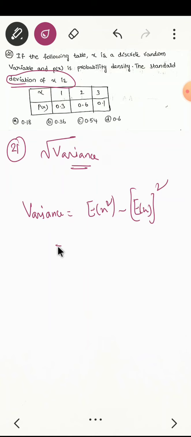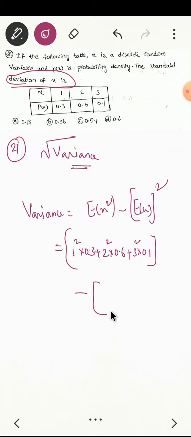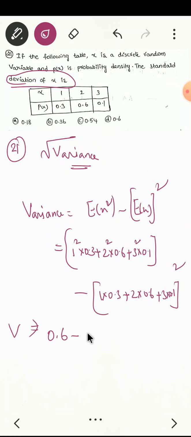E of x square is 1 square into 0.3 plus 2 square into 0.6 plus 3 square into 0.1, minus mean of x whole square, that is 1 into 0.3 plus 2 into 0.6 plus 3 into 0.1 whole square.